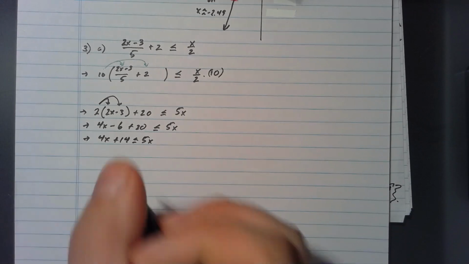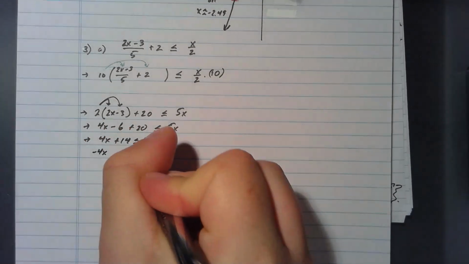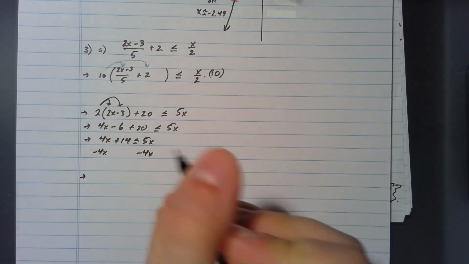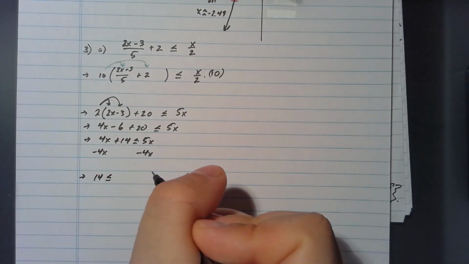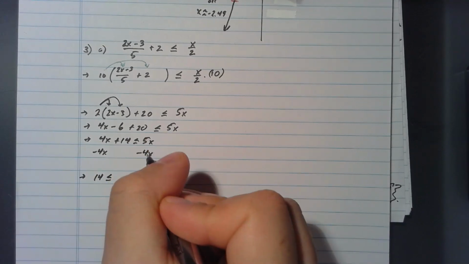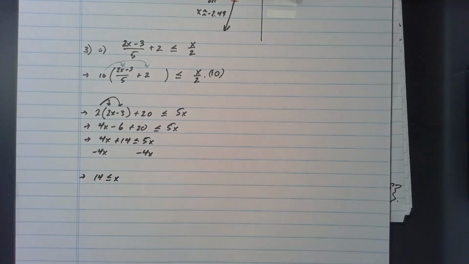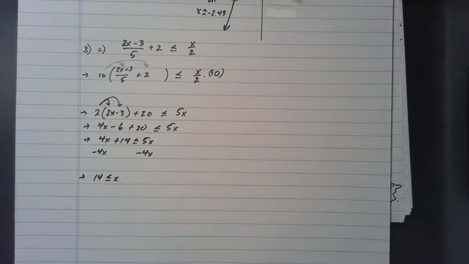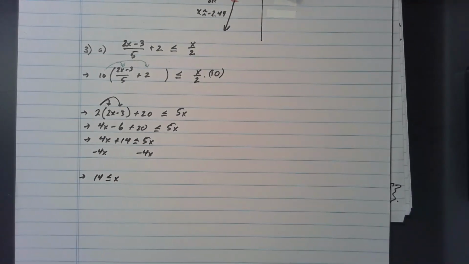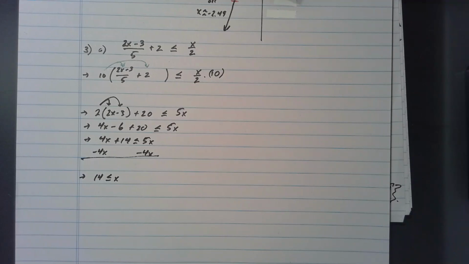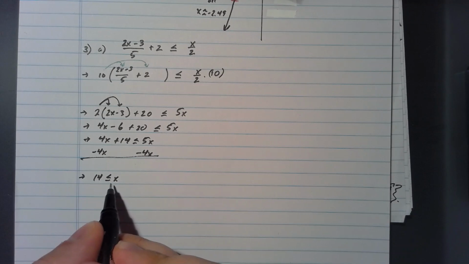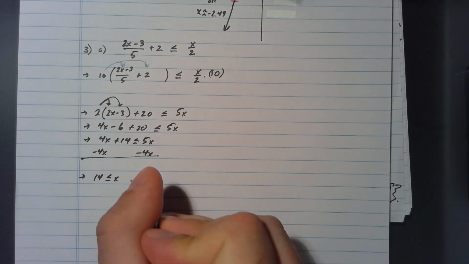So now subtract 4x from both sides. So I'm going to have 14 is less than or equal to 5x minus 4x, which is x. So that's what I have. Now, I prefer to have x on the left side. That's just me.